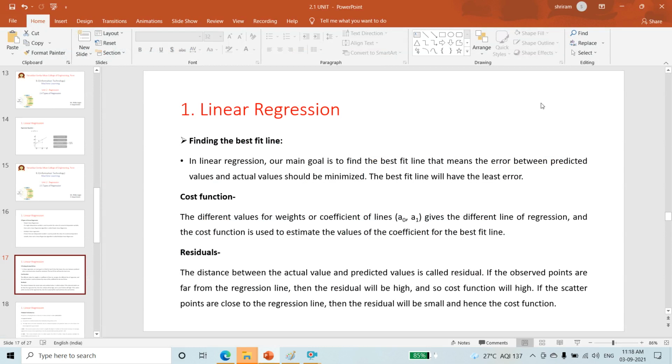If the observed points are far from the regression line, then the residual will be high and the cost function will be high. And if the scatter points are close to the regression line, then the residual will be small, hence the cost function is also small. So this is linear regression, finding the best fit line, cost function, and residual. Thank you.